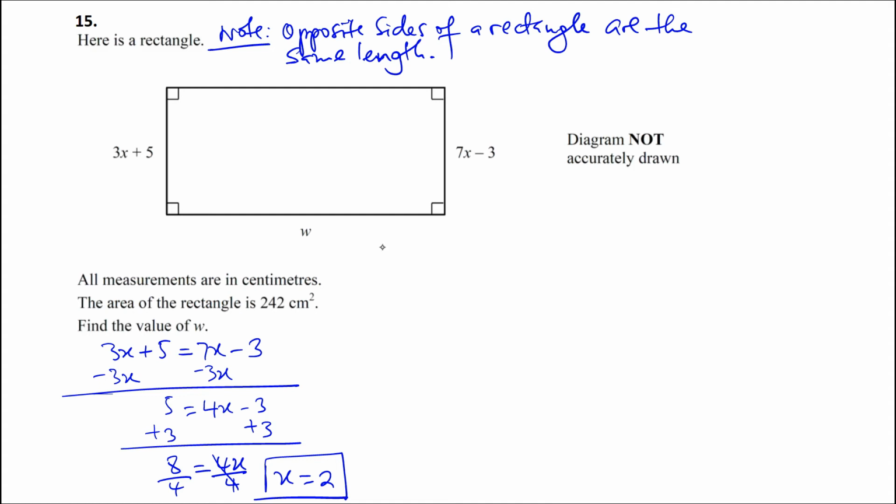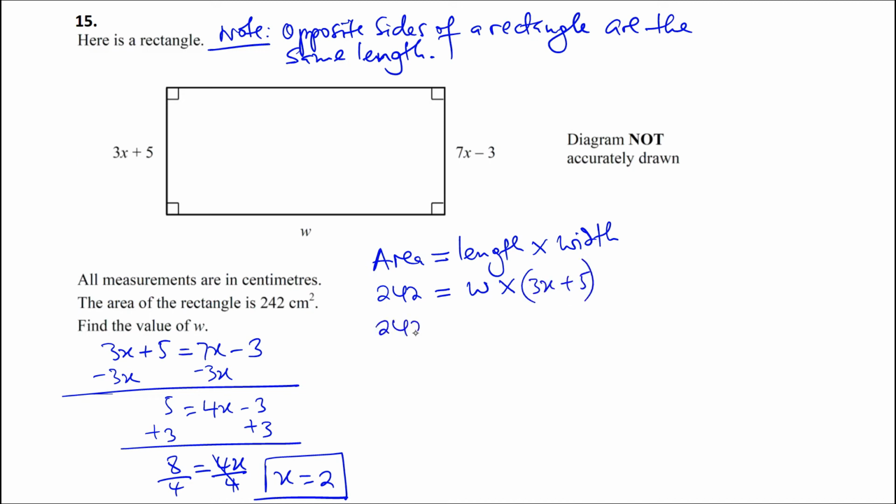But we are given the area of this rectangle. We know that the area of the rectangle is equal to length times width. So 242 will be equal to the length, which is W, multiplied by the width. We can pick either of these, but I'll just pick 3x plus 5.